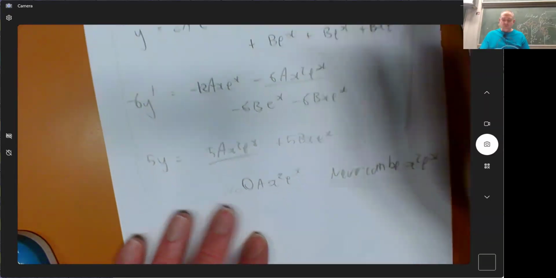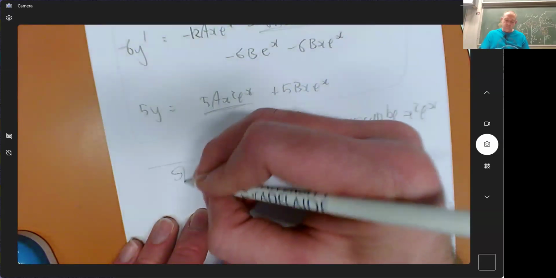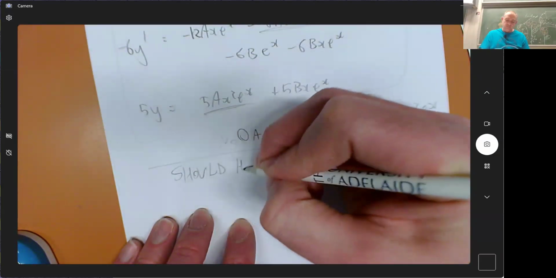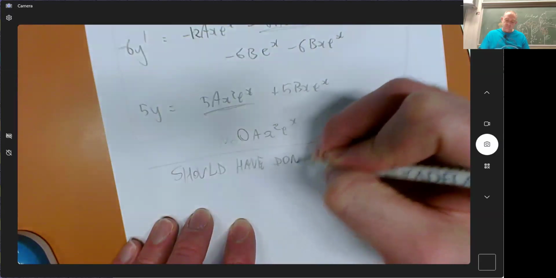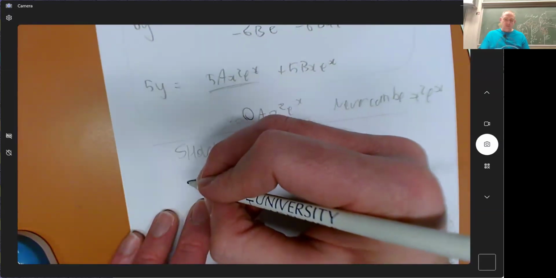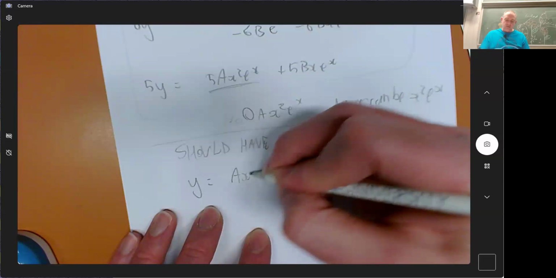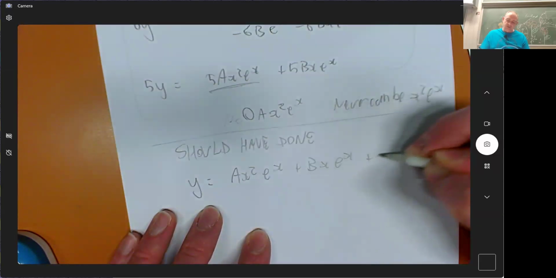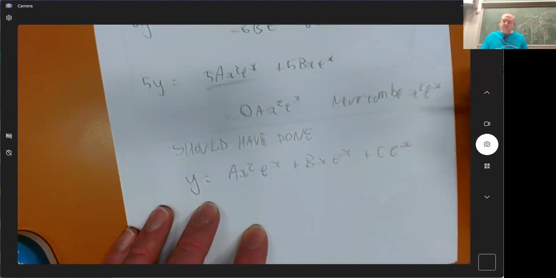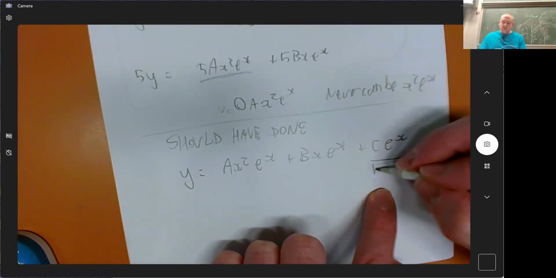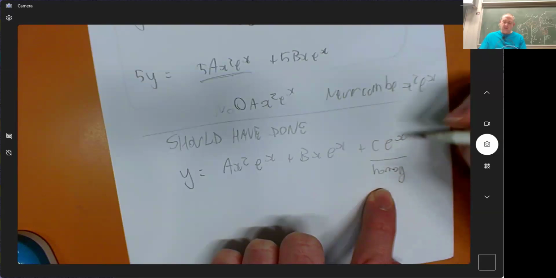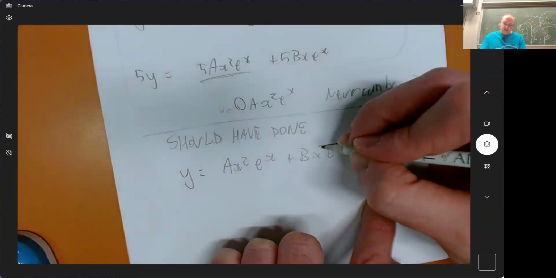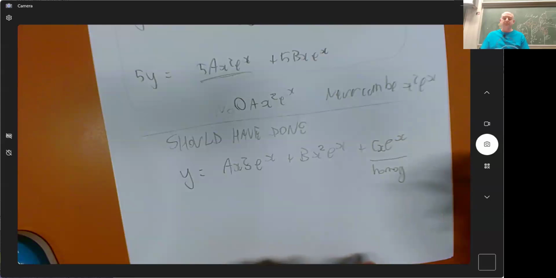So what we should have done is y equals ax squared e to the x plus bx e to the x plus c e to the x. But this one is in the homogeneous one, and so therefore we added an x here and an extra x here and an extra x there.